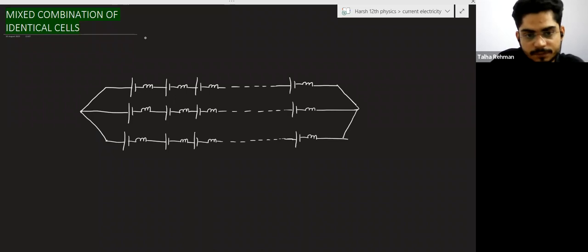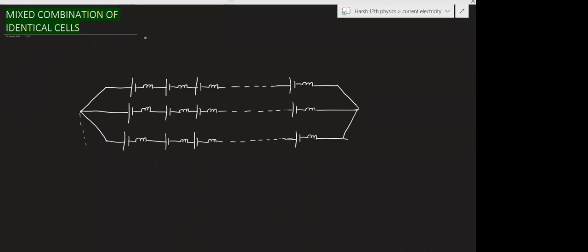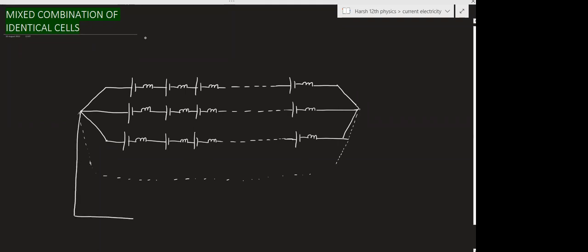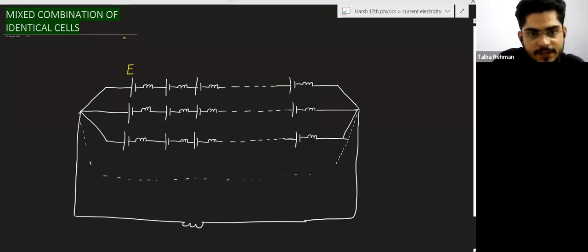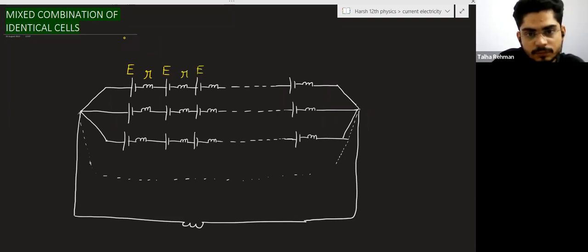We have identical cells, all cells are identical, each having the same EMF and internal resistance.